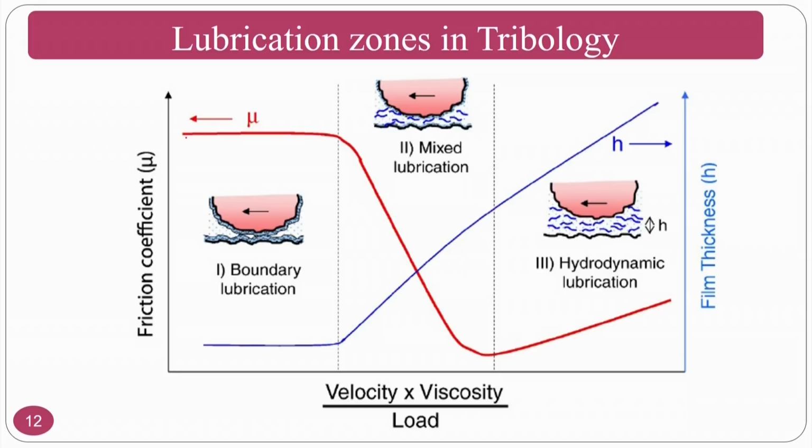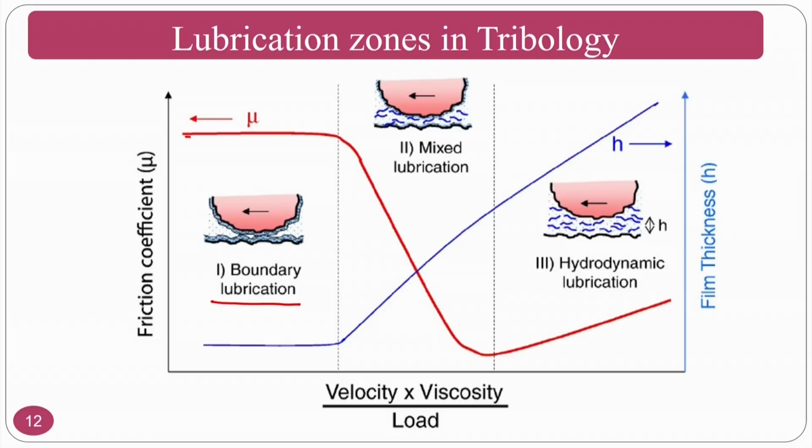If you see the coefficient of friction in boundary lubrication, because of the two mating surfaces of chip as well as tool, it is very high. Whenever mixed lubrication comes, it drastically comes down, because only small portions of the nanometric asperities, which are very big, are in contact, but a thin film will be there.